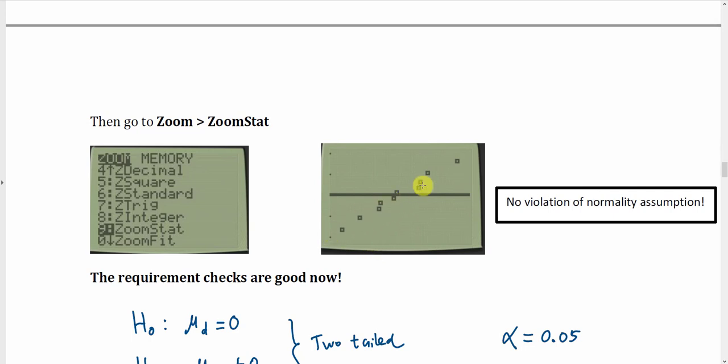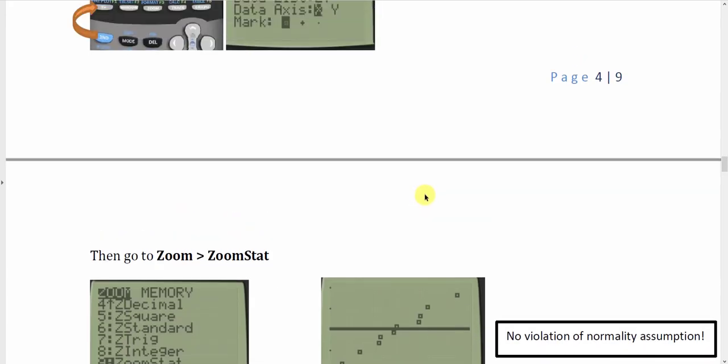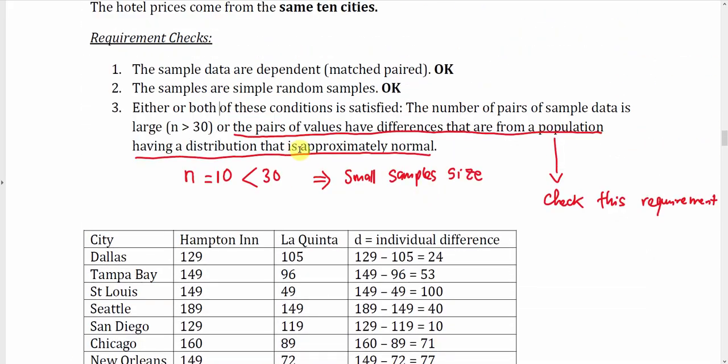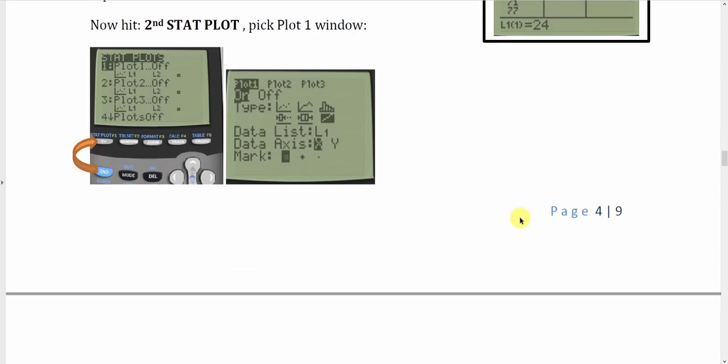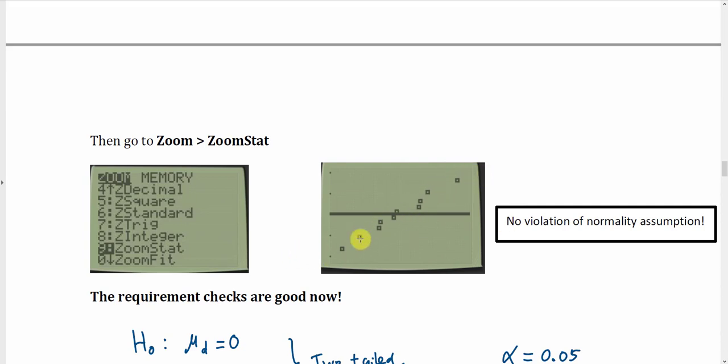We can say this is a good linear straight line, and there's no violation of the normality assumption. Therefore, we can conclude that this requirement is okay. It's approximately normal for the population because of the linear pattern, the straight line.